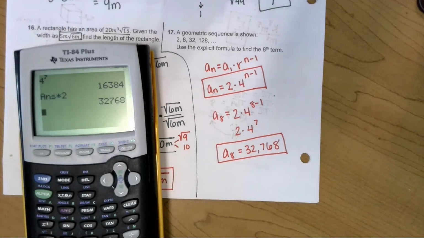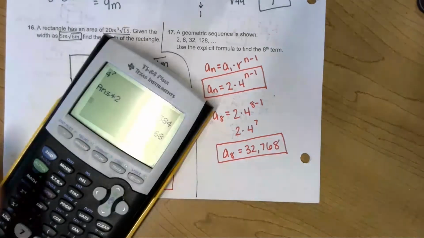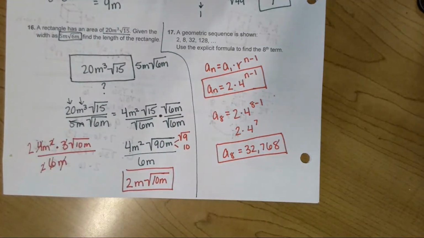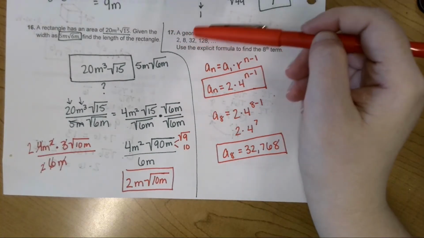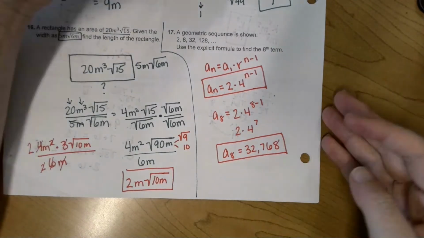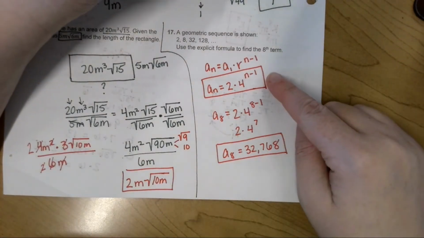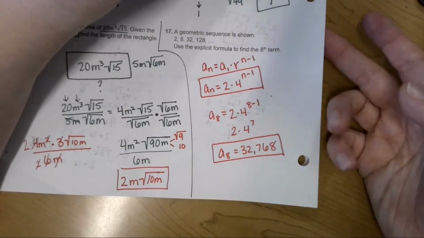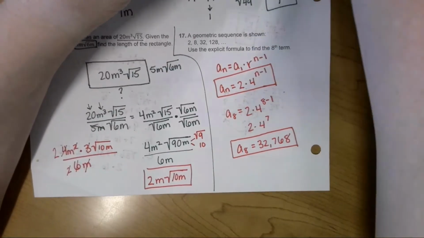All right, that's it for geometric sequences. Make sure you know how to tell if a sequence is geometric, and that's if it has a common ratio. And make sure you know how to write the formula and how to plug something in. Shouldn't be too bad. I think that is one of the easier pieces of this test.